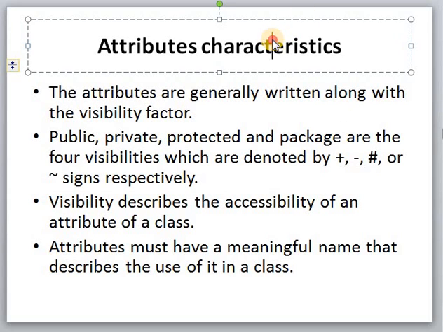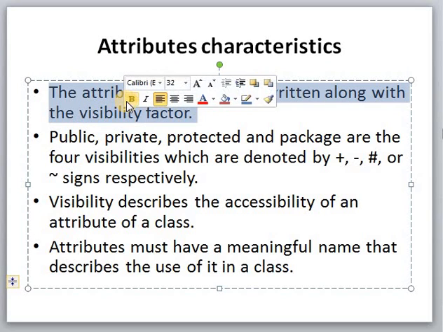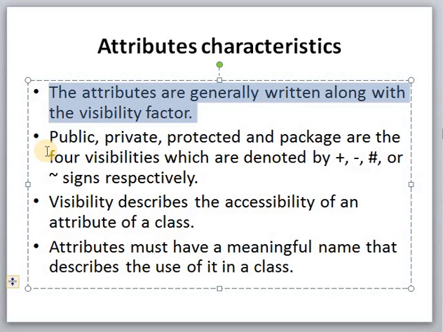So now we will see the attributes characteristics. The attribute characteristics are basically the visibility factors which we will associate with each attribute defined in the second compartment of the class.